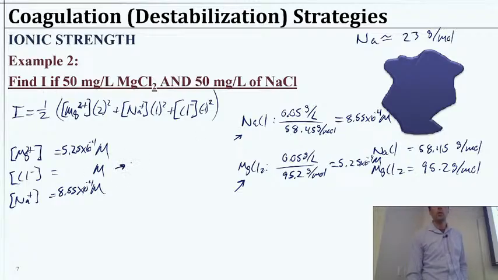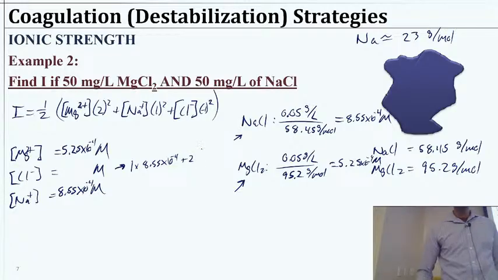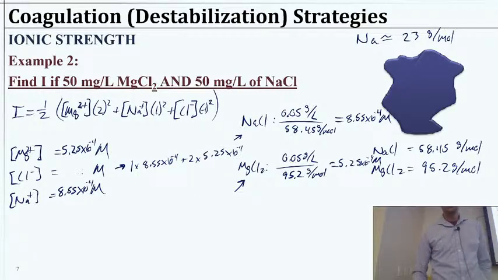So it'll be 1 times this 8.55 plus 2 times this 5.25. The amount here is 1.91 times 10 to the minus third moles per liter.